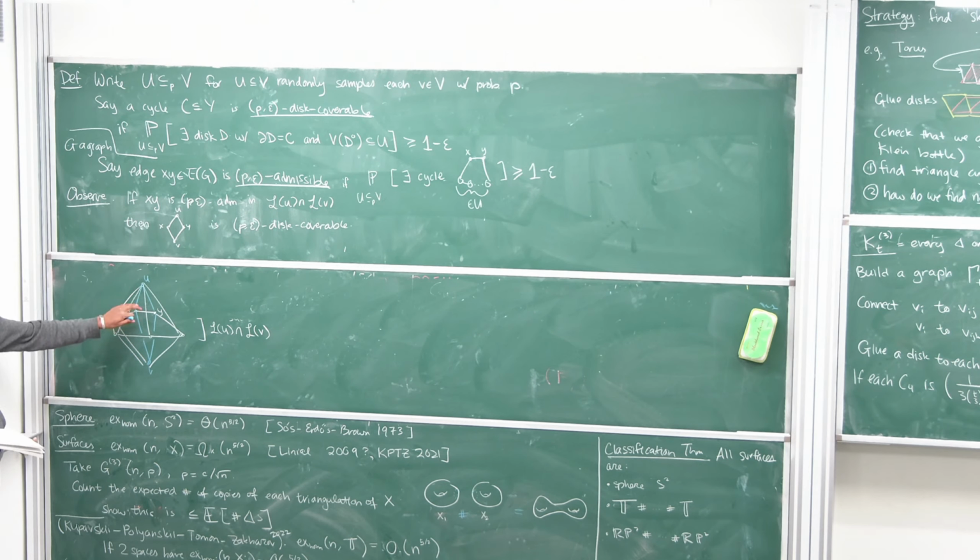So we look at the bad events. This is the event that both X and Y are in U, but there's no cycle containing XY in U. And let B equal the number of bad events.